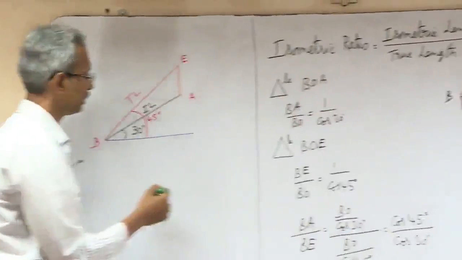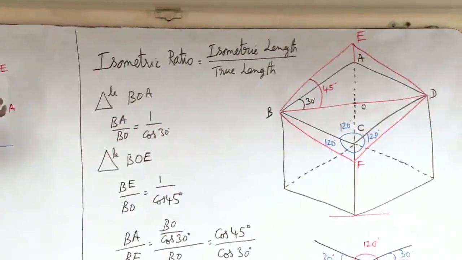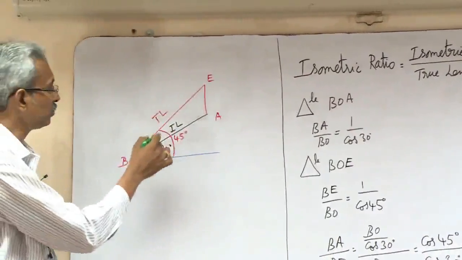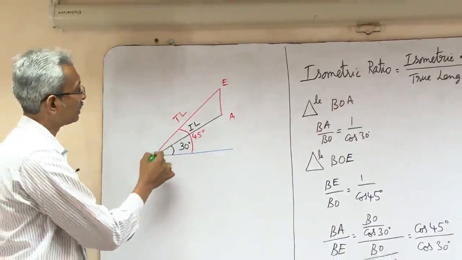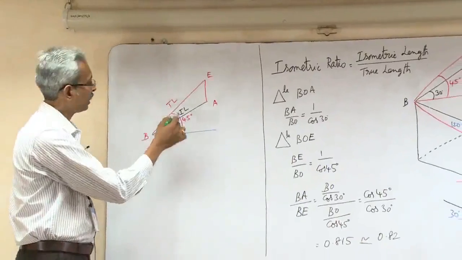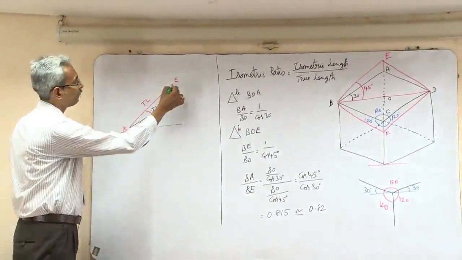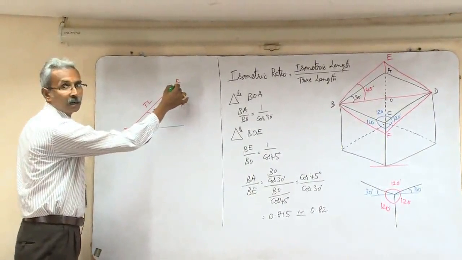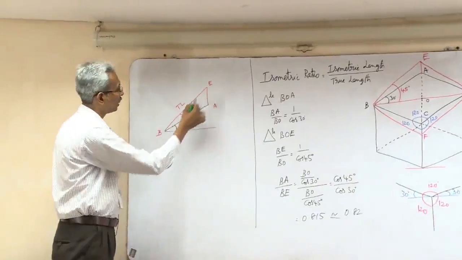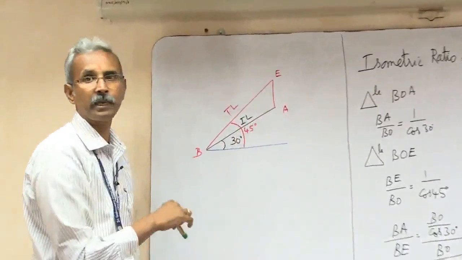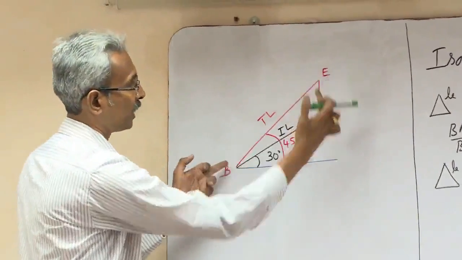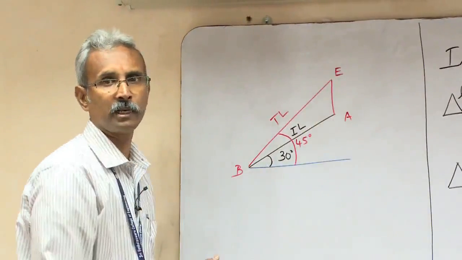Similarly, we have BE, inclined at 45 degrees to the horizontal. This BE is the true length and this BA is your isometric length. How did we get it? We drew a perpendicular from the point E downwards, which will cut on this line BA.